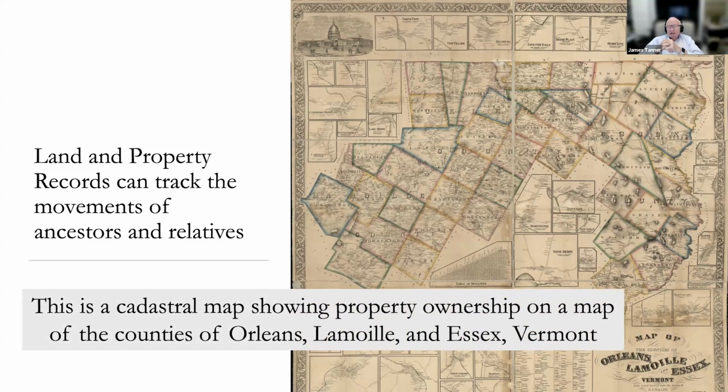And this is what's called a cadastral map. And the word cadastral is kind of a jargon term. But what it means is that it records the ownership of the property and sometimes a lot more information. And the reason why it records that information is usually for the purposes of tax assessments.